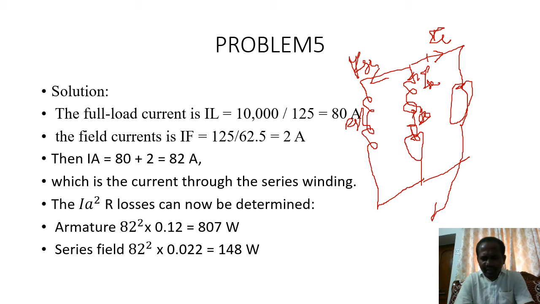Here you can calculate armature copper loss Ia square Ra, series field copper loss Isc square Rsc, shunt field loss Ish square Rsh, and the total loss is rotational losses plus armature copper loss plus series field copper loss plus shunt field copper loss, and you can substitute in the key equation.